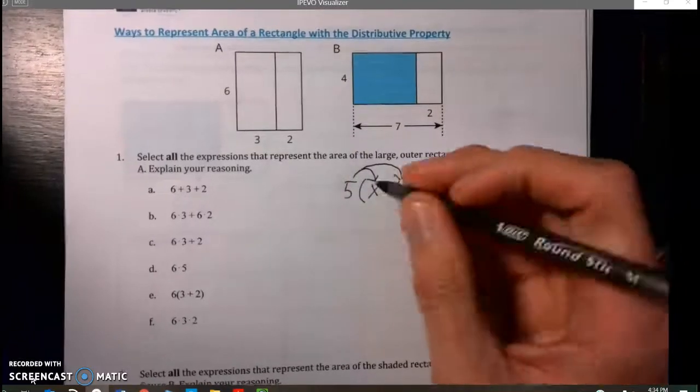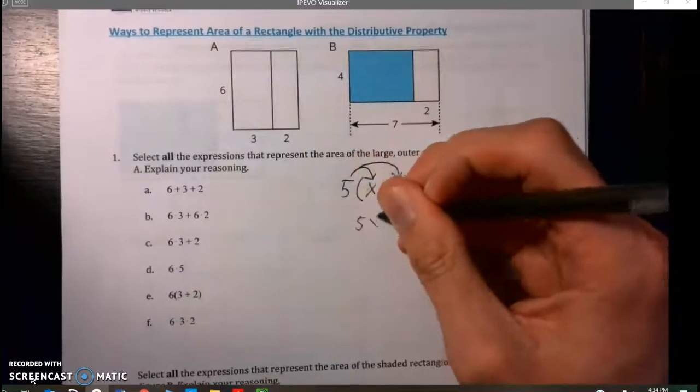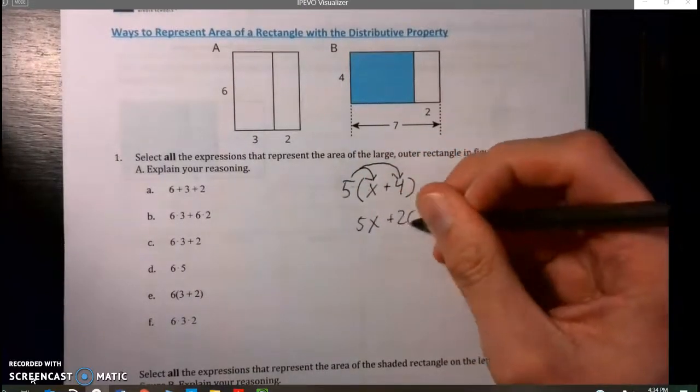So here, there's two numbers inside, so I need to do 5 times x, which is 5x, and 5 times 4, which is 20.